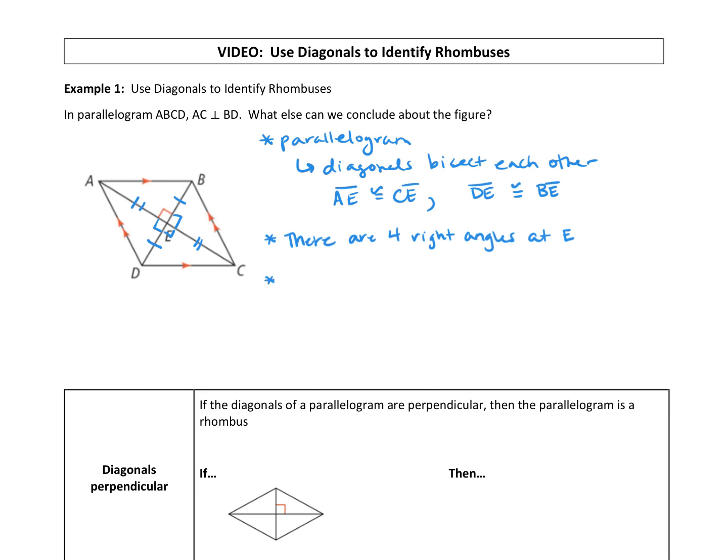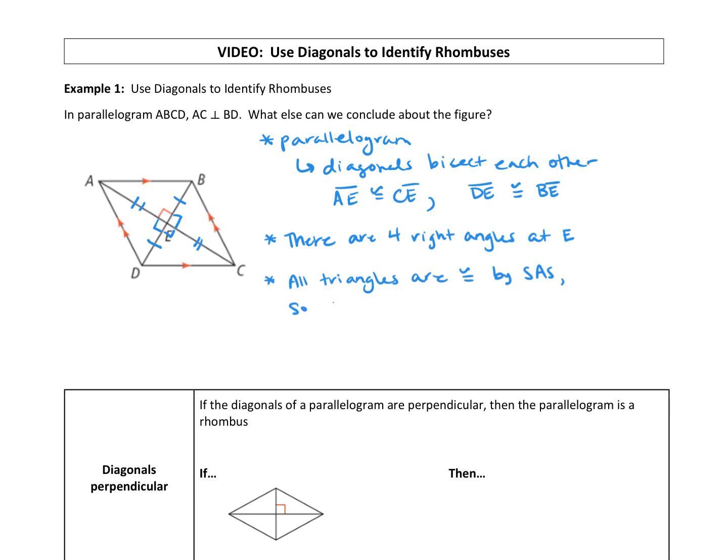So we're going to say that all the triangles are congruent. And we're talking about those right triangles formed by those intersecting diagonals. And I'm just going to do a little abbreviating. All triangles are congruent by side angle side.